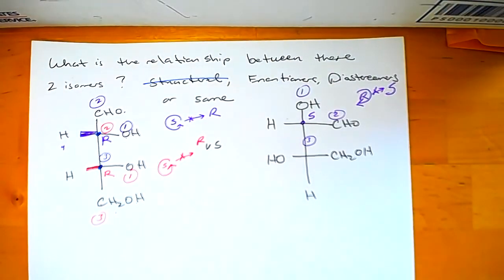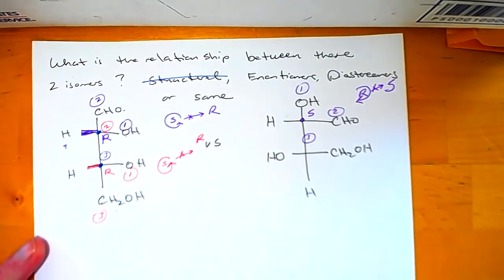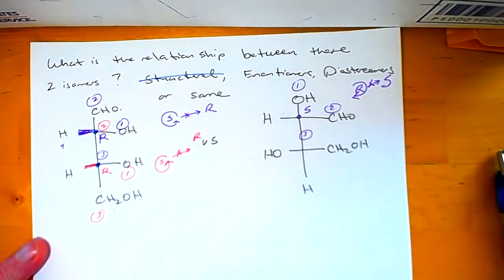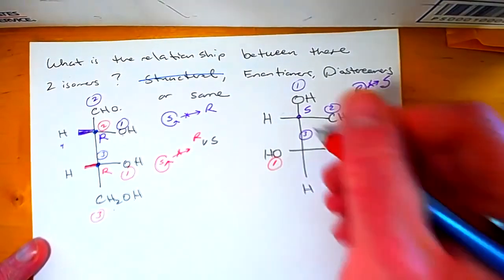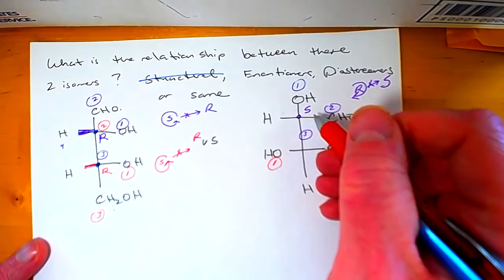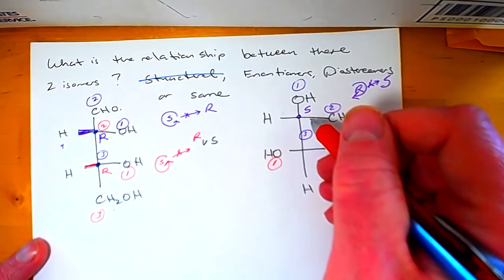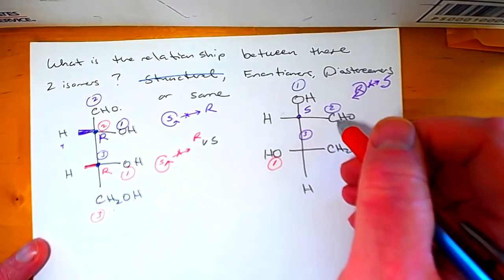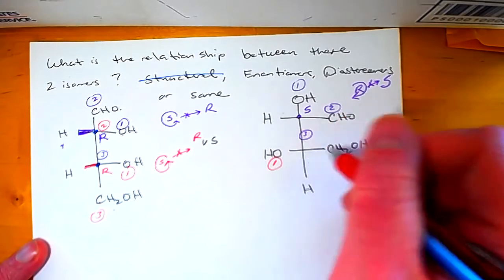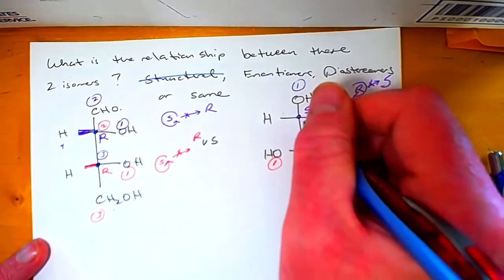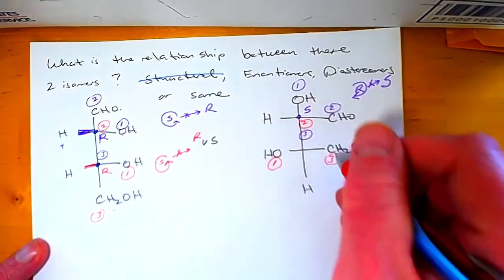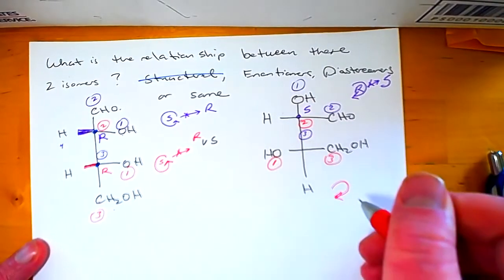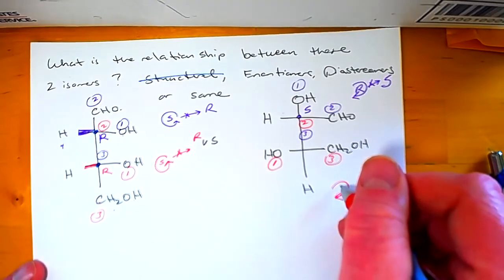And then down here, you've got your OH here as number one. Then you've got a carbon bonded to an oxygen and carbon versus a carbon bonded to an oxygen and hydrogen. So there's two, and this would be number three. So we're going 1 to 2 to 3 like that. That's also going clockwise.